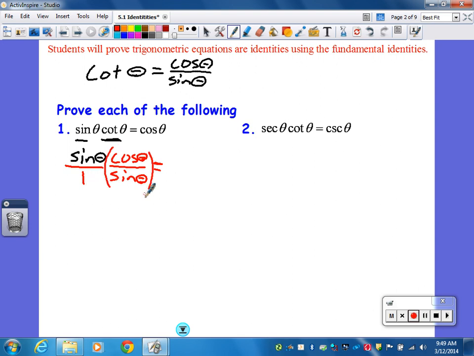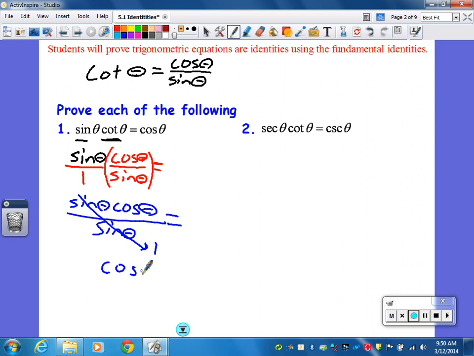So now, if we multiply sine through, we have sine theta times cosine theta over sine theta, which your sines divide to 1. So you're going to have cosine theta, which is equal to cosine theta. Oh, that was a fun one to start out with.